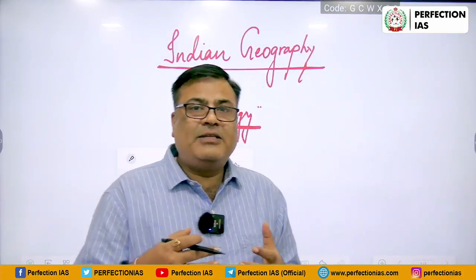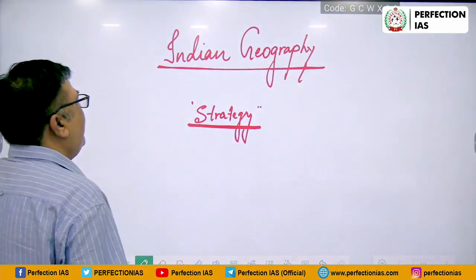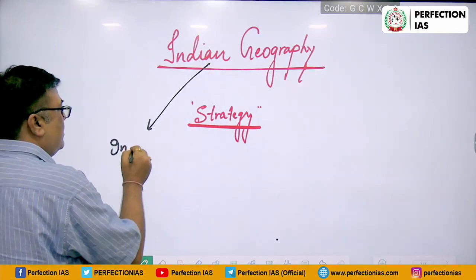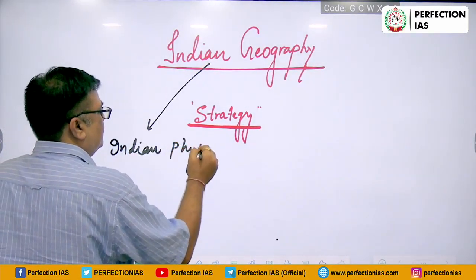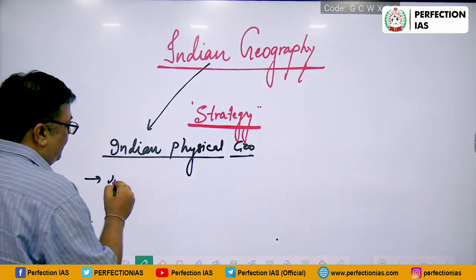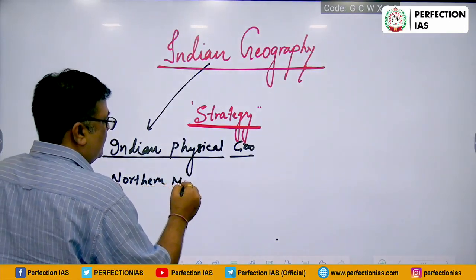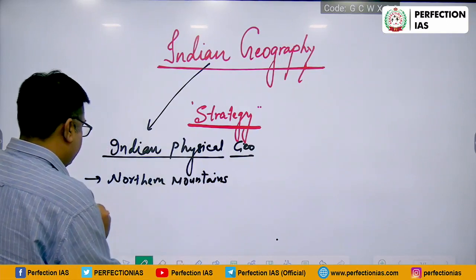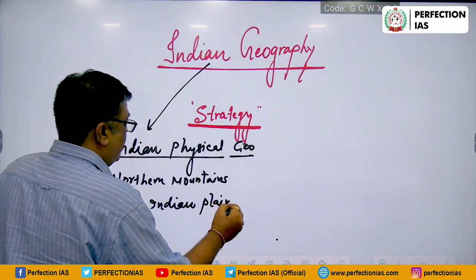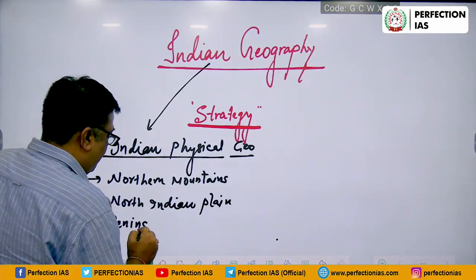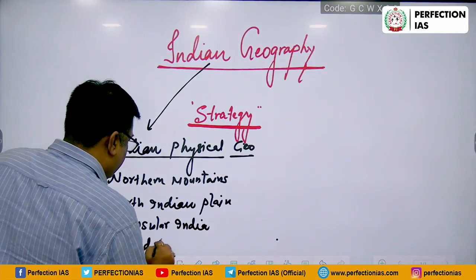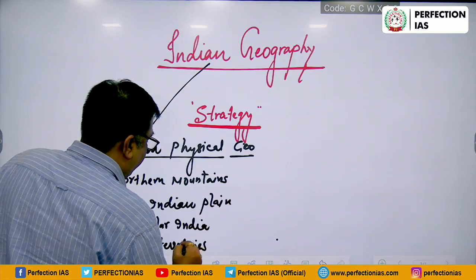तो अभी हम देखते हैं कि फिजिकल इंडियन ज्योग्राफी को हम कैसे कवर अप करें. अब इंडियन ज्योग्राफी में the main aspect is Indian physical geography, and here main emphasis is there on the northern mountains, North Indian plain, peninsular India, and finally island territories.